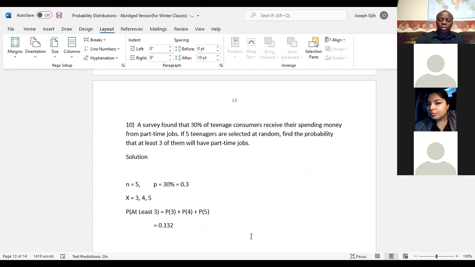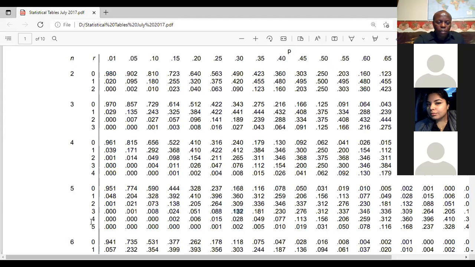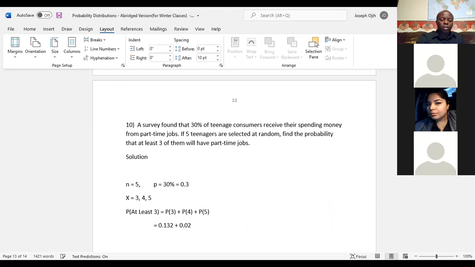0.132 plus 4. It is just under 3. You can see right here, for 4, under 0.3 is 0.028.